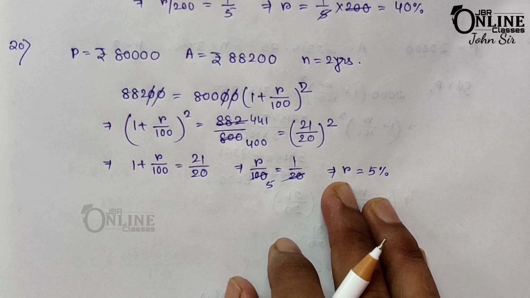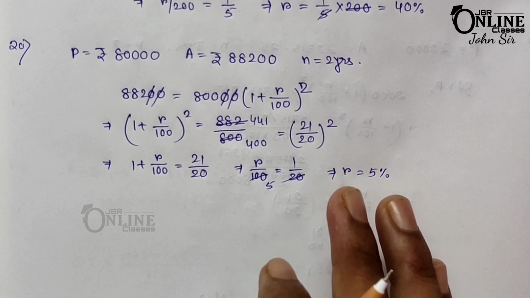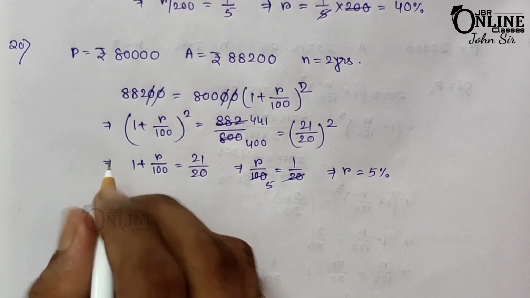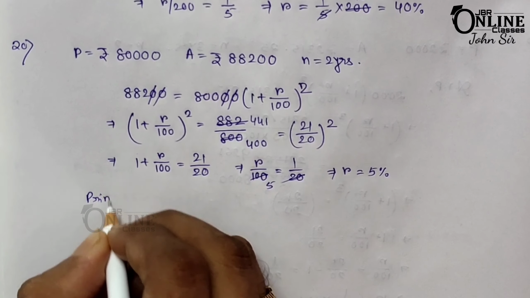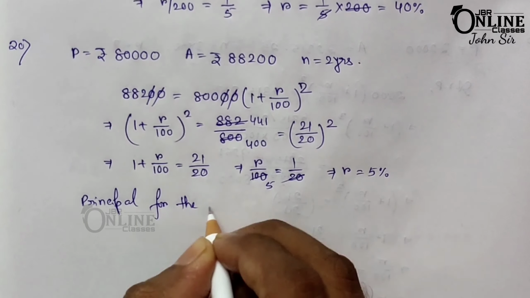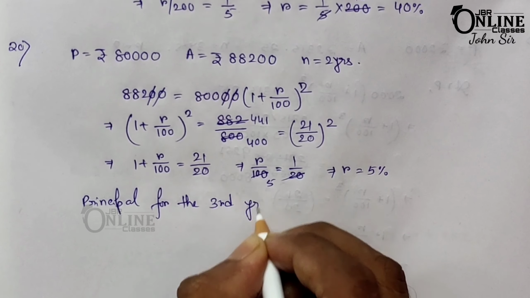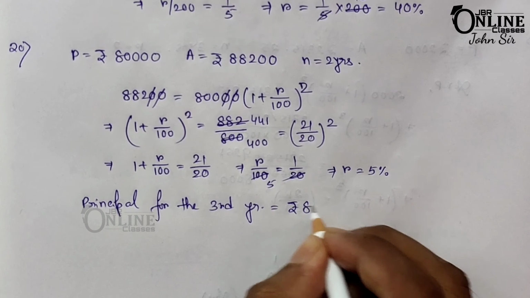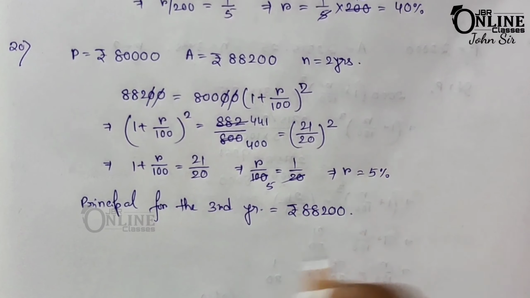Now next you have to find out the amount after 3 years. Remember that for the third year, the principal is the amount we found, so this one will be the principal for the third year.